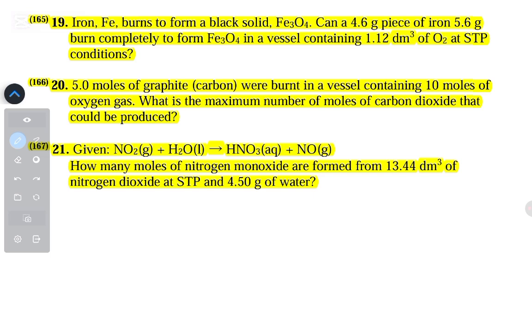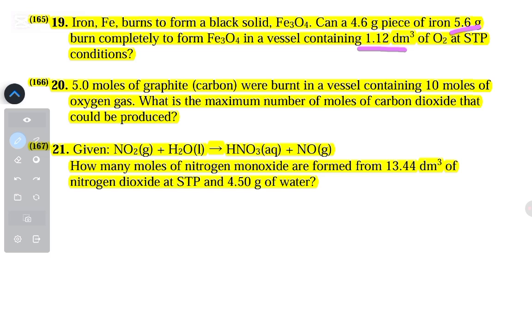First of all, what do they give you? They give you the mass of the iron, which is 5.6. The original is 4.6, but 5.6 is the one that we have been given. And the vessel contains 1.12 decimeter cube of O2.